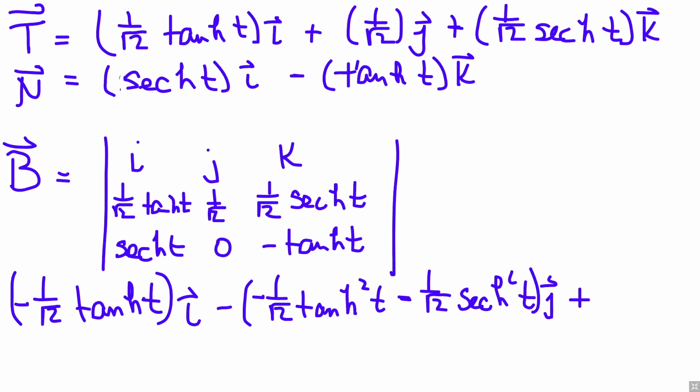And then for the k component, we're going to end up with negative 1 over the square root of 2 secant hyperbolic of t in the k direction. All right, any questions on how I got each of those pieces?